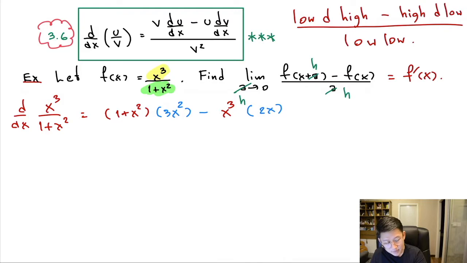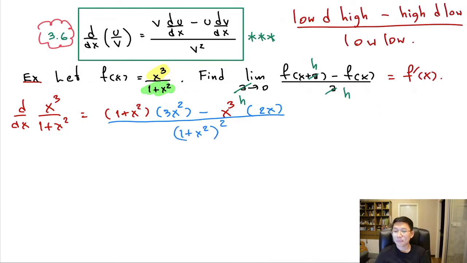divided by low low, which is 1 plus x squared. And I'll just make it look a little better. I'll distribute the 3x squared to the left term.